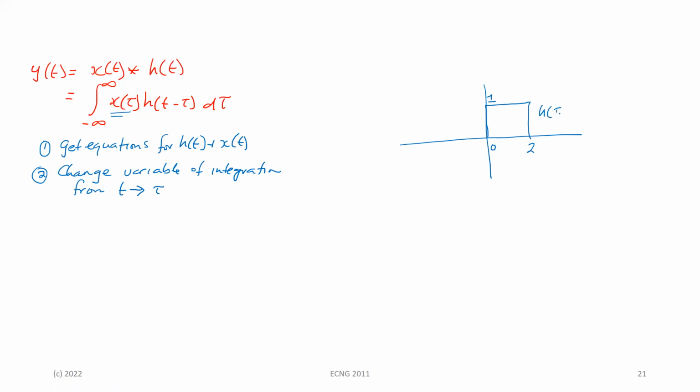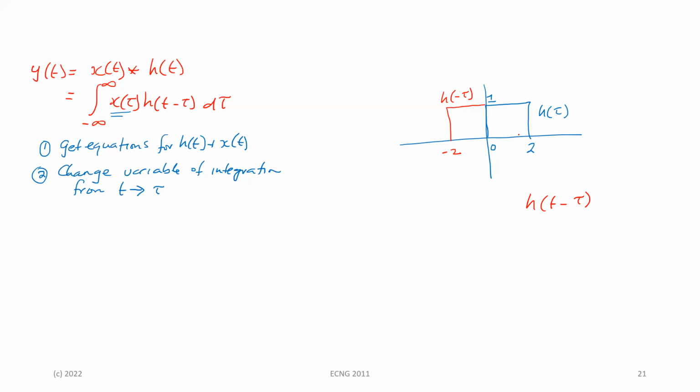So this is h(tau). Then h(-tau) is you flip this around the t equal to 0 axis. So h(-tau) is this bit here. All right? And t minus tau moves to the point tau equal to t.